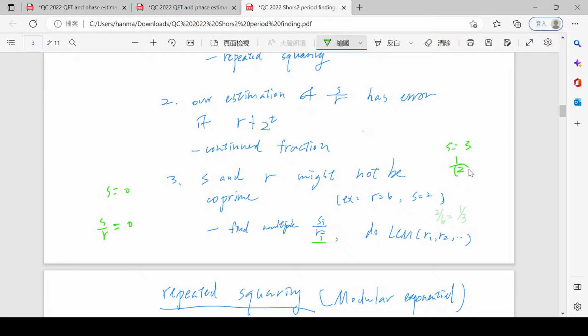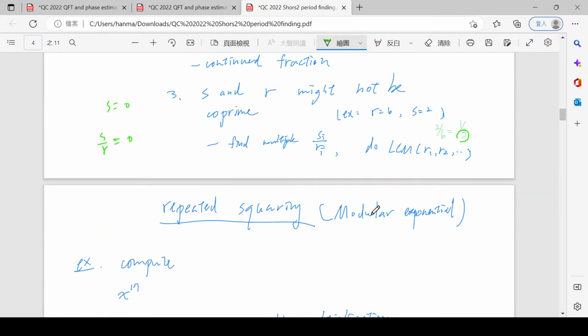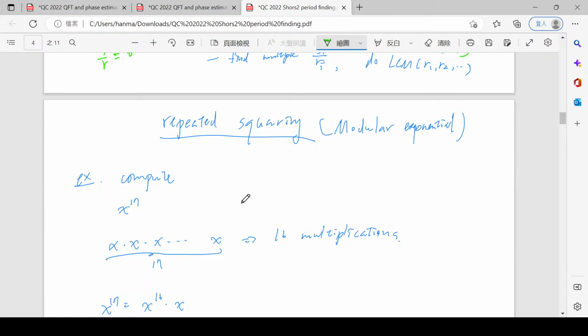Then you see the common multiple of these 2 and 3 is your 6, and you are good. Okay, so that's the three things. It's all very classical technique. Any question? If not, then let's go through them one by one.